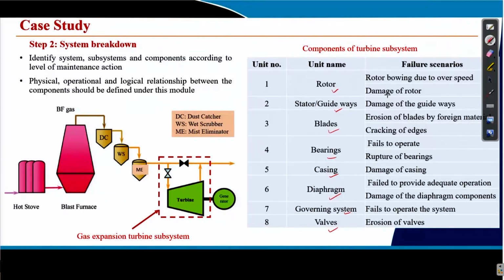One is rotor bowing due to overspeed, then damage of rotor, damage of guideways, like this. These failure scenarios are the ones the plant personnel, primarily the maintenance personnel, said are the important ones. So we are heavily dependent on them.